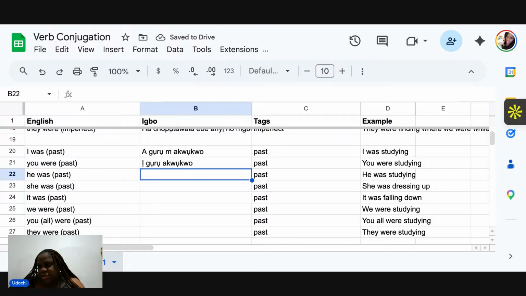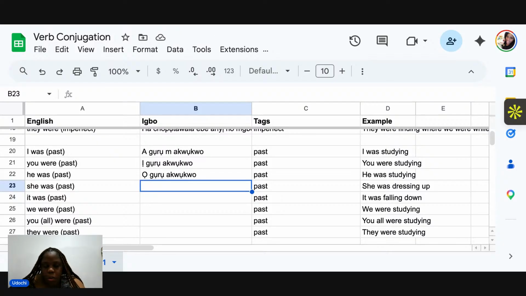He was studying is Agoro akokwa. She was dressing up is Oyiri, no, that's she dressed up. Oh gosh, this is actually not correct.